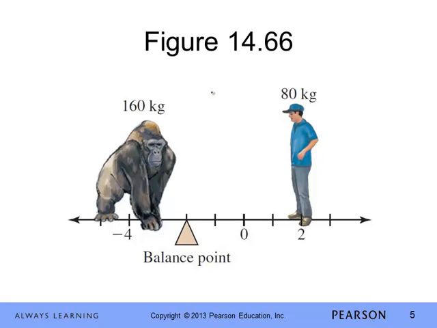So where exactly should we put that center point? All we need to do is a quick back of the envelope calculation. The mass of that gorilla is 160, and he's standing at x equals -4.